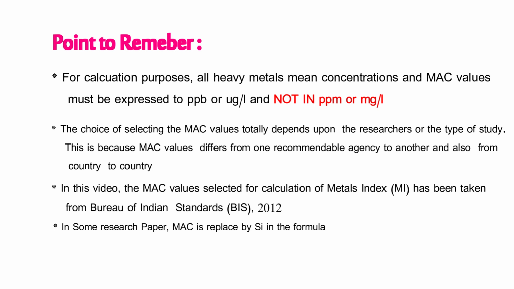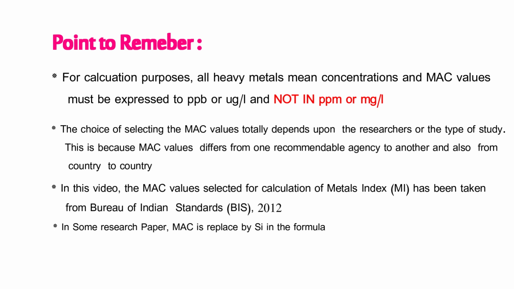And the next point is, the choice of selecting the MAC values is totally dependent upon the researchers or the type of the study. Why? Because MAC values differ from one recommendable agency to another and also from one country to the other.